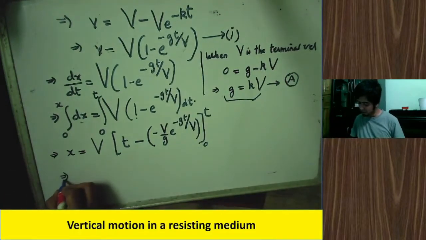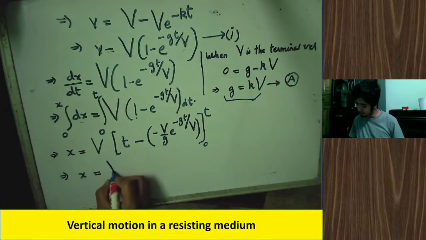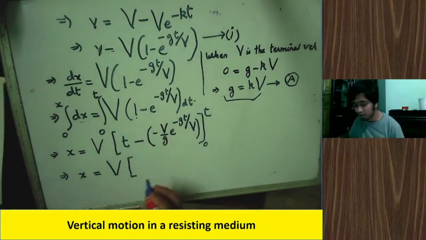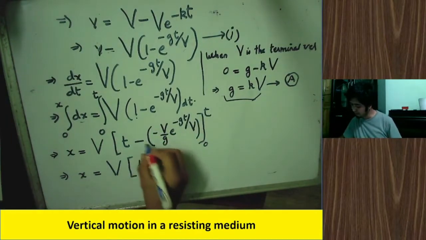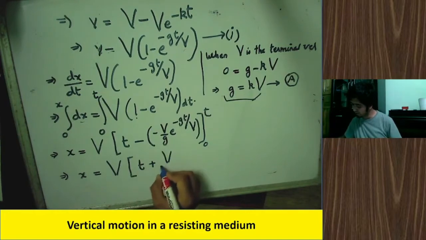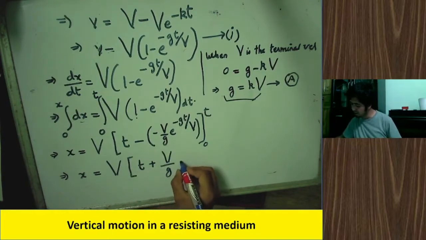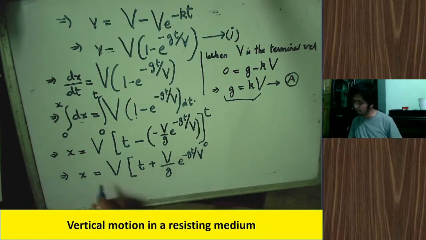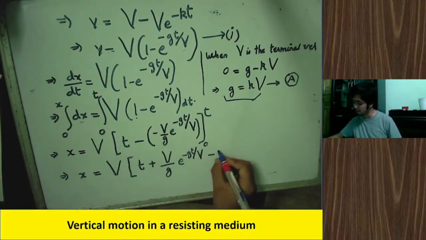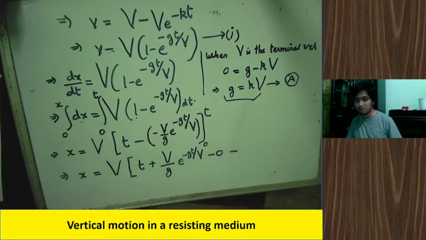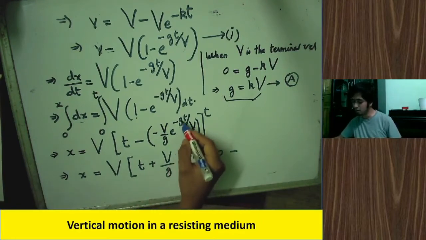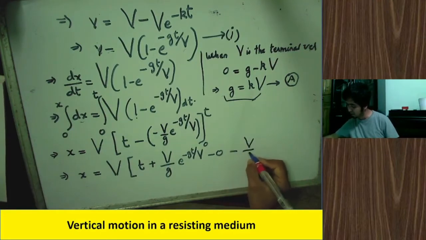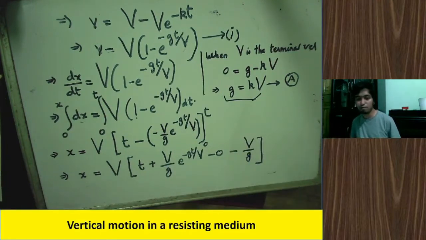So just try to simplify it. Substitute the limits now. t plus V upon g e power minus gt upon capital V, minus, when the time is 0, e power 0 is 1, so minus V upon g. So this is what we will be having.